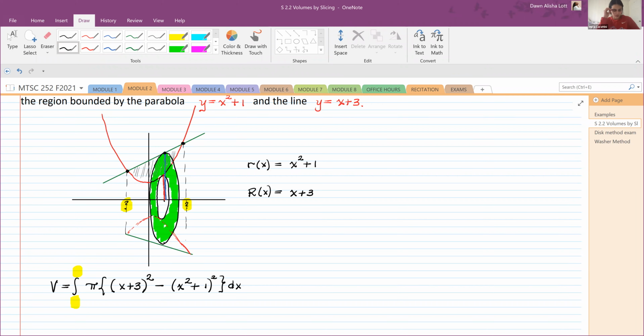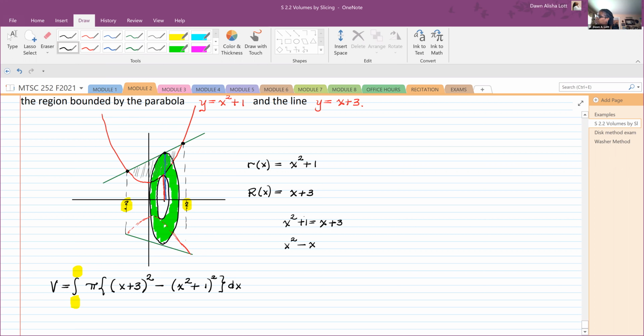You've got to move all the x terms to one side. So you get x squared plus 1 is equal to x plus 3. Okay, what do I do next? Keep going. Move x to the left and 1 to the right. And then set it to 0. I was with you until you moved that to the other side.